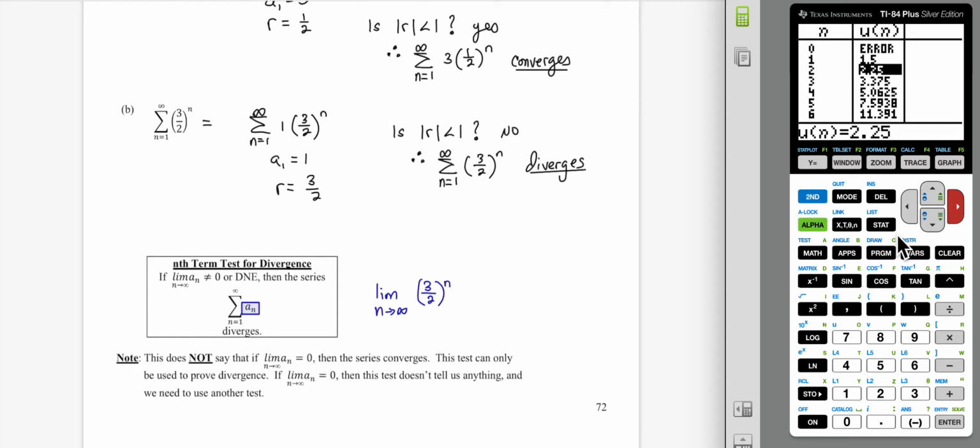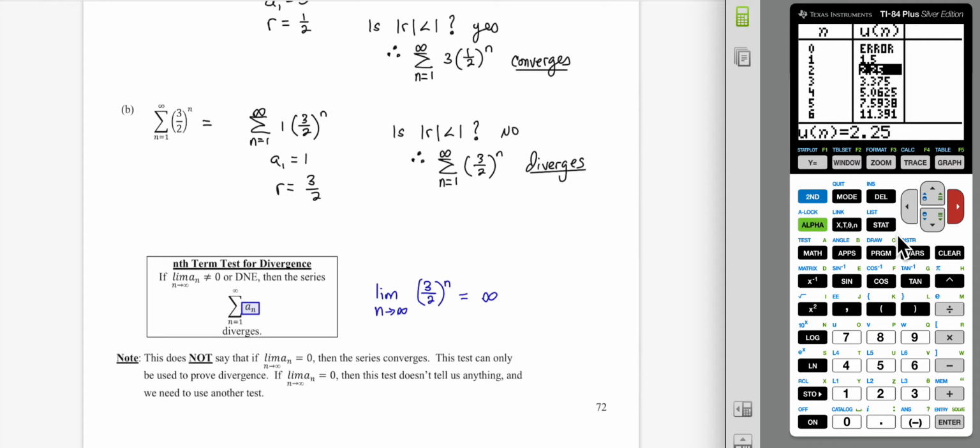All right. So, well, that's equal to infinity in some capacity, right? It's just like, what kind of infinity is it? But it's exponential. So 3 over 2 to the infinitieth power is going to be infinity, right? So it's going to increase without bound.